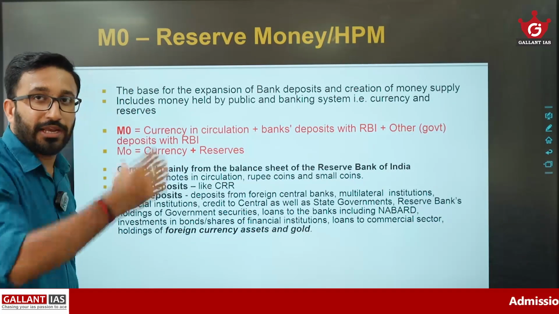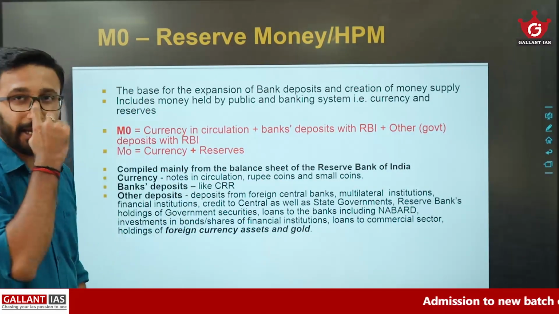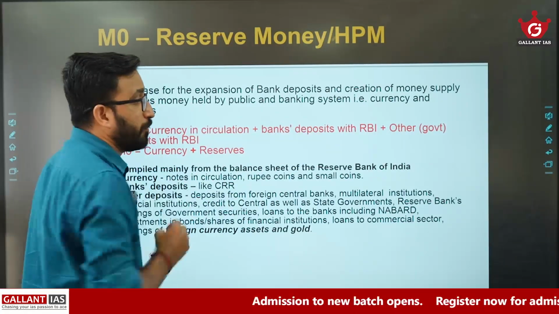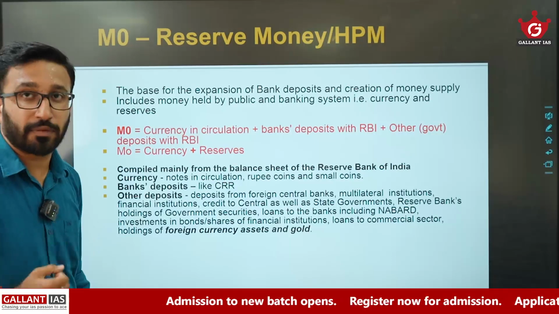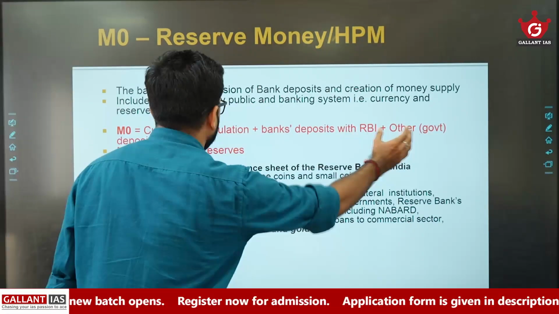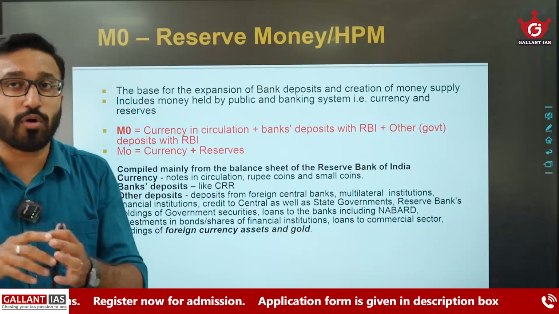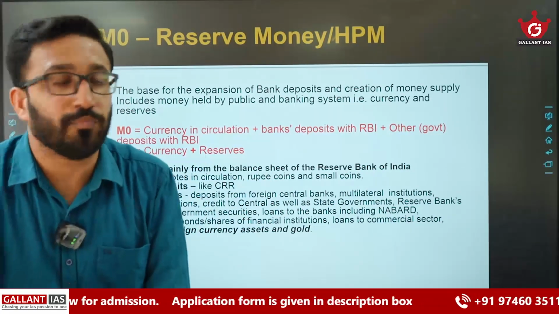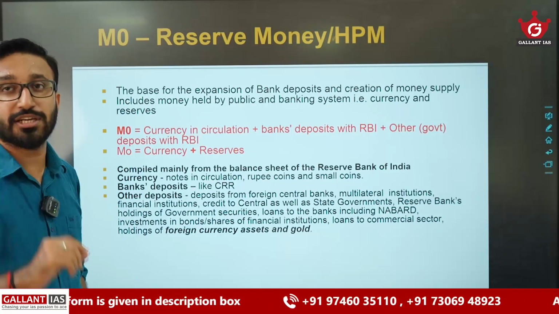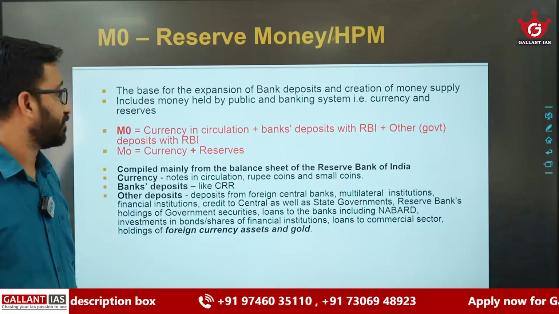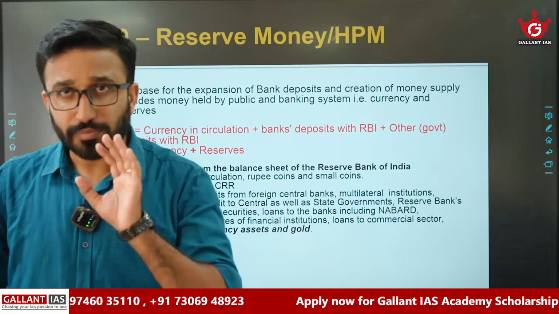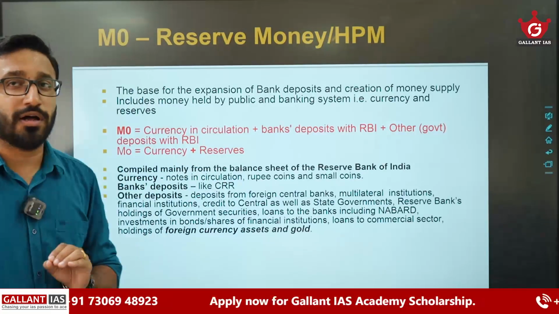So on the liability side of the RBI, we have currency in circulation and banks' deposits with RBI. That is another liability of RBI. Deposits are also liabilities of the RBI, and other deposits with RBI. So these are all the liabilities of the RBI. So M0 can be compiled from the balance sheet of the RBI.